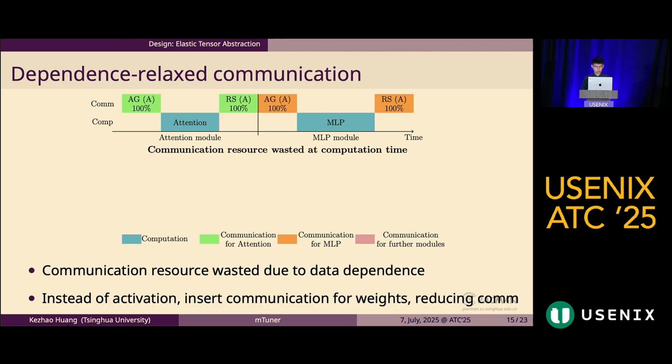Our approach is to shift the communication focus from activations to weights. By inserting communication earlier for weights, we reduce the communication overhead of the activations, leaving only a short period of non-overlappable communication. Breaking this dependence enables more efficient usage of communication bandwidth.